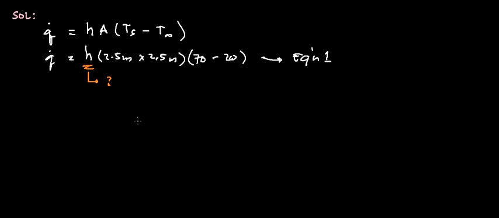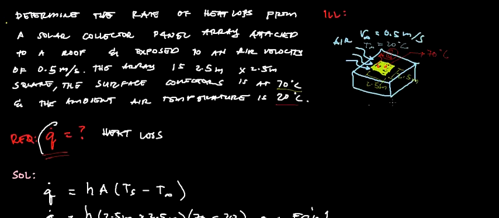Recall from our discussions last time, we have different dimensionless numbers: the Nusselt number, the Reynolds number, the Prandtl number, the Grashof, the Rayleigh, and so on. We also discussed where those numbers can be applied, and since this condition is what?